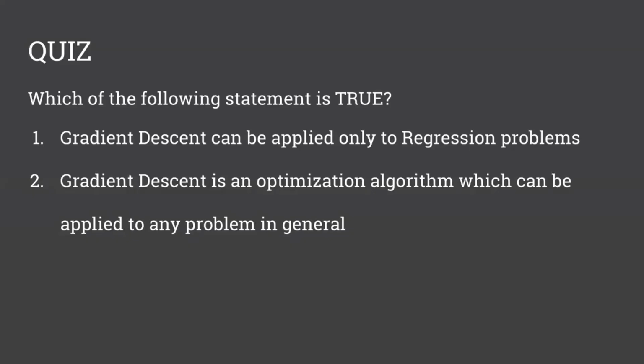Again, I want to make sure that you don't think that gradient descent can only help you with the kind of lines that we are trying to draw. So answer in the chat box which of the following statements is true. Can gradient descent be applied only to regression problems? Or is gradient descent an optimization algorithm which can be applied to any problem in general? So all of you are right.